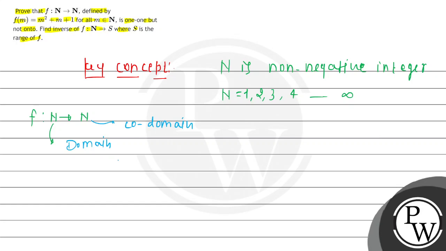A function is said to be onto when the range of the function is equal to the codomain of the function.